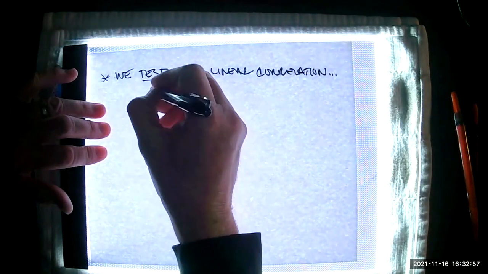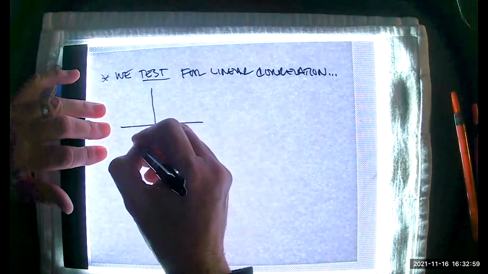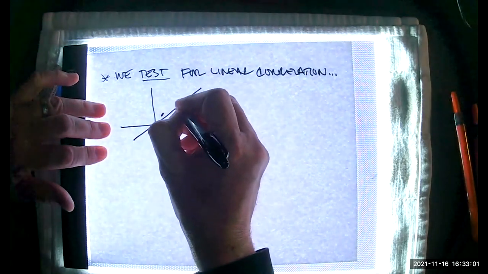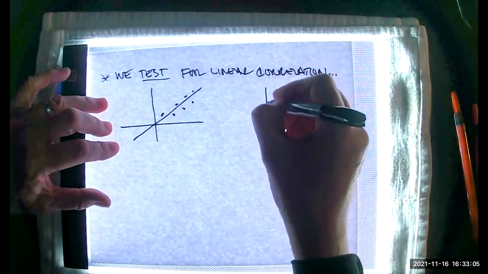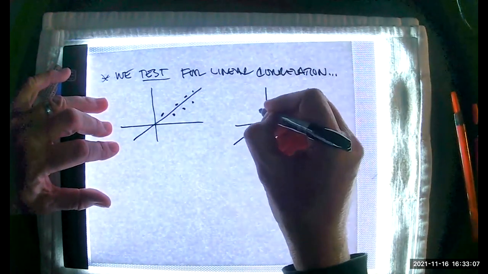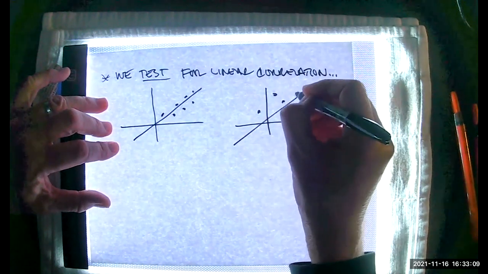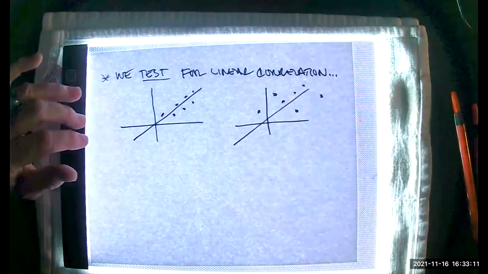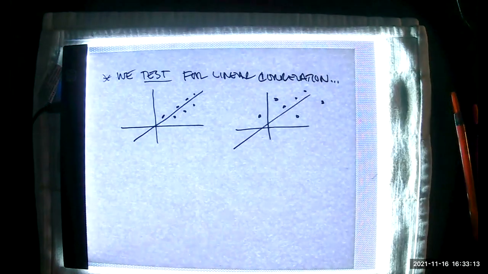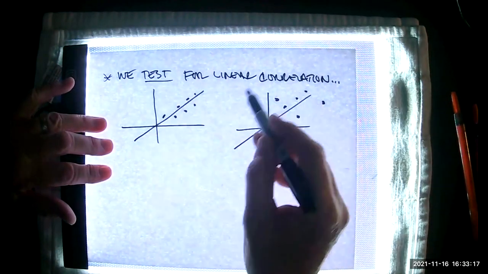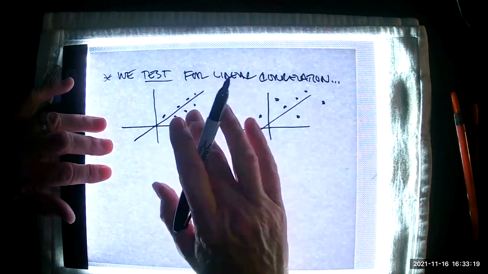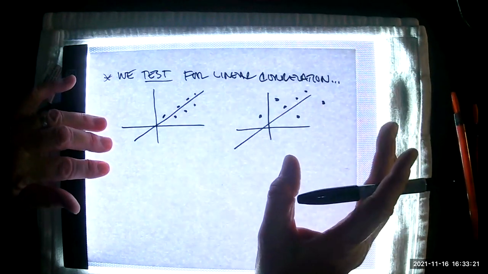So for example, a data set like that versus a data set like this, for example. This one here is much more linear than this one here. Nature's messy, never plays like your algebra class.